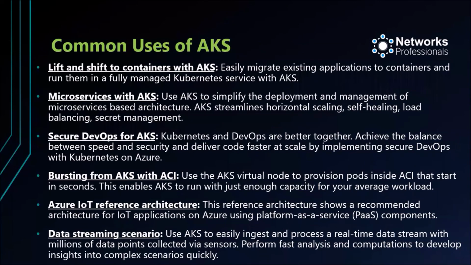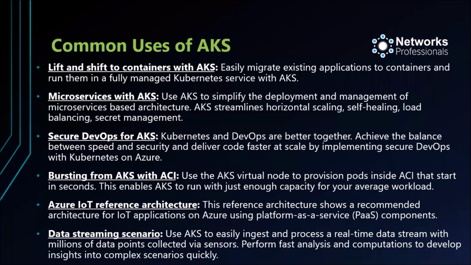Some common uses of Azure Kubernetes Service, AKS, are lift and shift to containers with AKS, microservices with AKS, secure DevOps for AKS, bursting from AKS with ACI, Azure IoT reference architecture, and data streaming scenario.